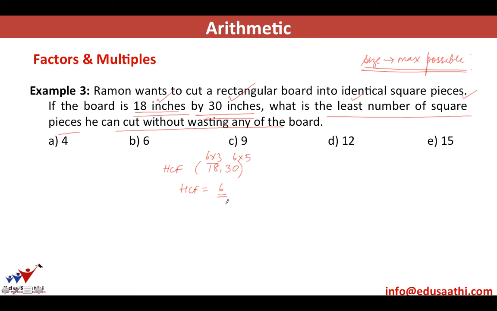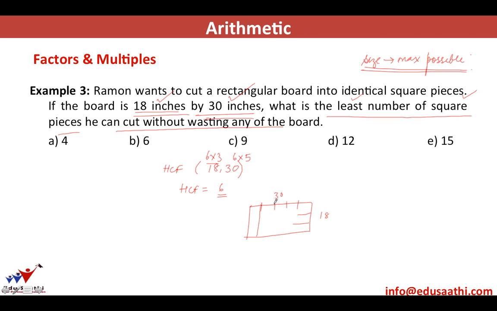That means I can cut a square piece with a size, if I just look at 30 and 18, of 6 cross 6. So this will be into 3, right? And this will be into 5. 1, 2, 3, 4 and 5.